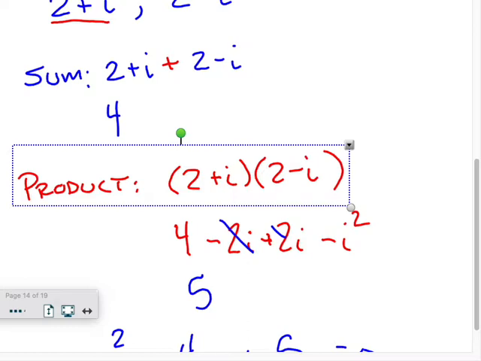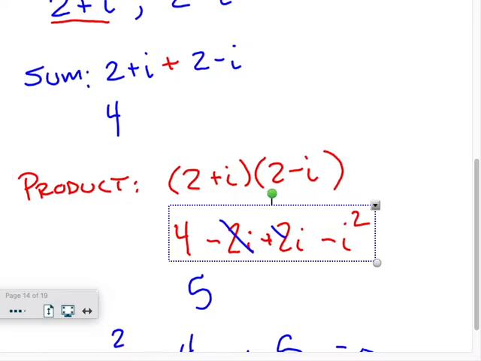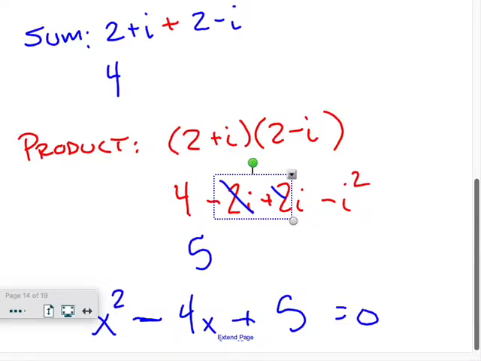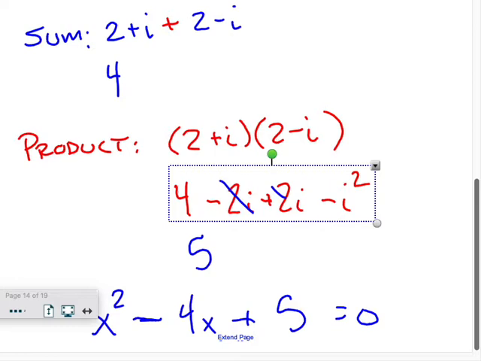And you go through your distribution and you get this group here. The middle two terms, negative 2i and positive 2i, these will always eliminate each other because you're multiplying conjugates, and that's how conjugates work when you multiply them. Remember, i squared is equal to negative 1, so that's minus negative 1, which becomes plus 1. So plus 1 and 4 give us 5.